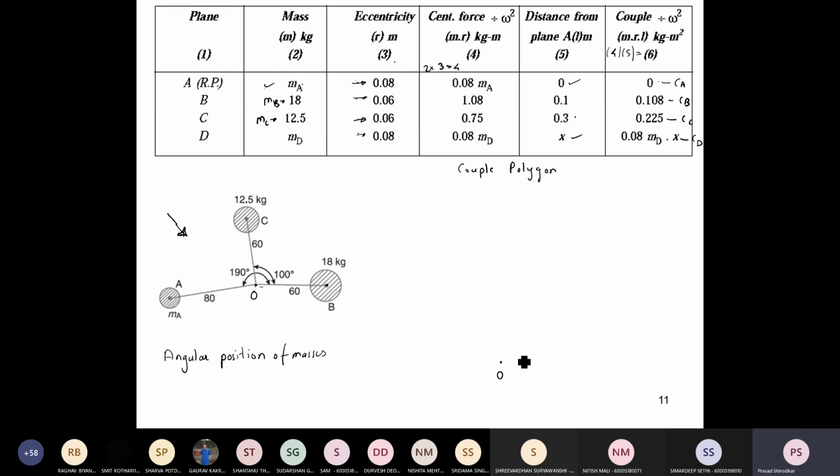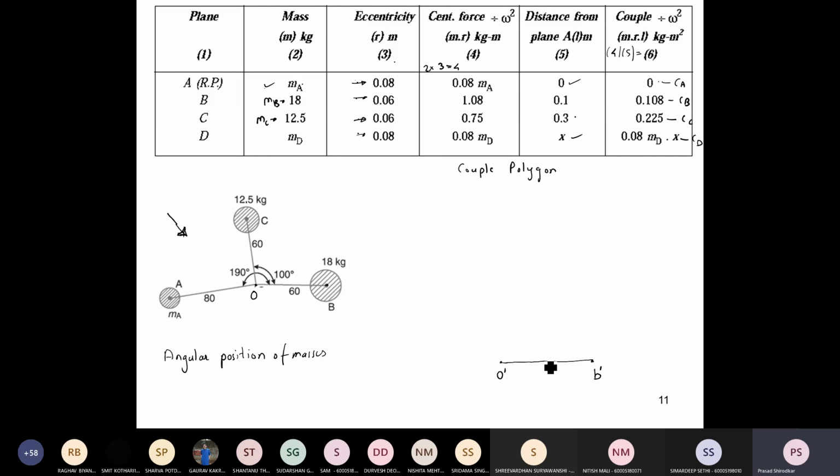So CB should also go in the same direction. I am going to draw a vector from O horizontal, and this is going to be my point B dash. The points on couple polygon will be denoted by a dash, force polygon without the dash. So that is the convention which you are going to follow.